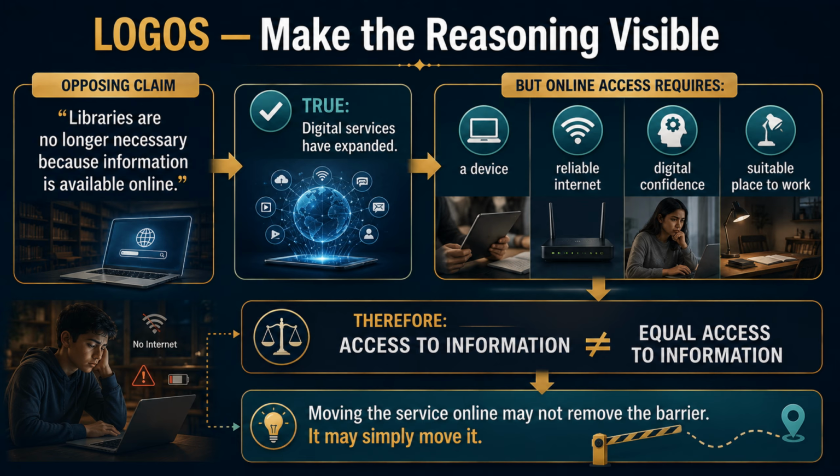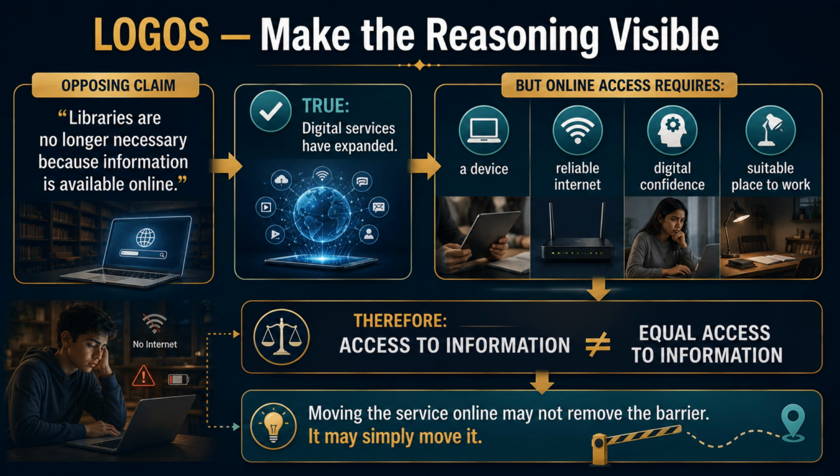Next comes logos, reasoning. Suppose somebody argues that libraries are no longer necessary because information is available online. Begin by acknowledging what is true. Digital services have undoubtedly expanded, but access to information is not the same as equal access to information.